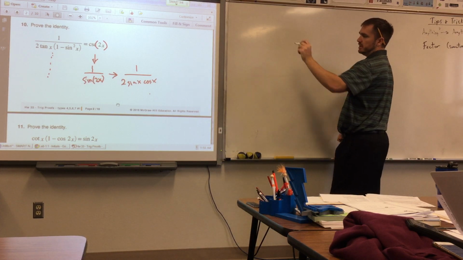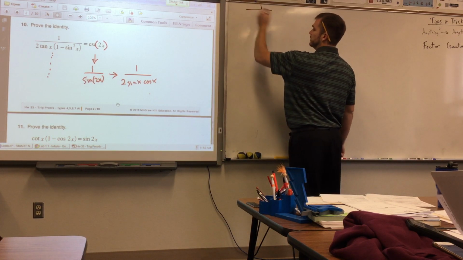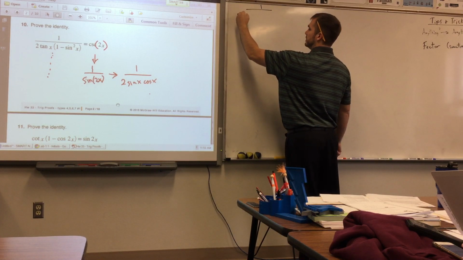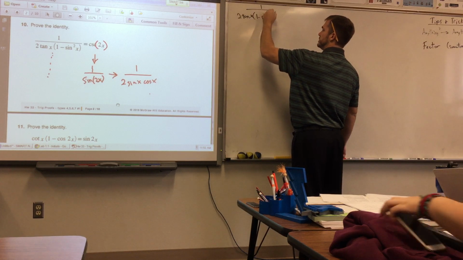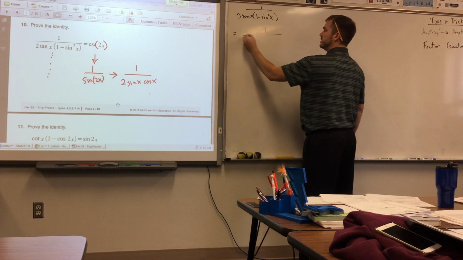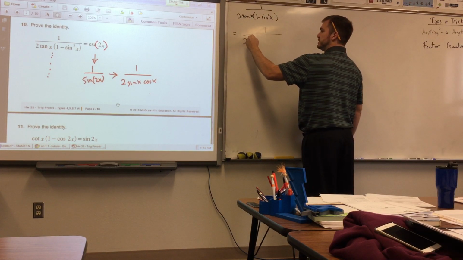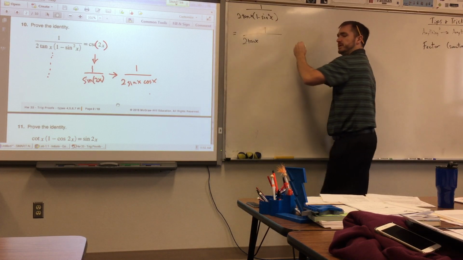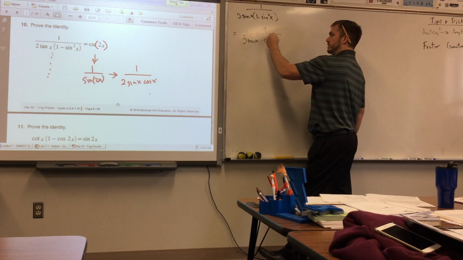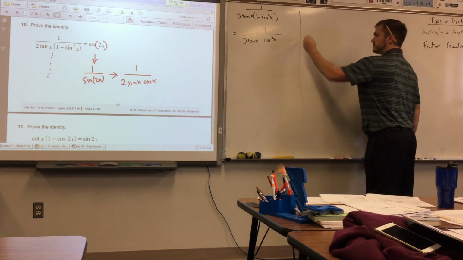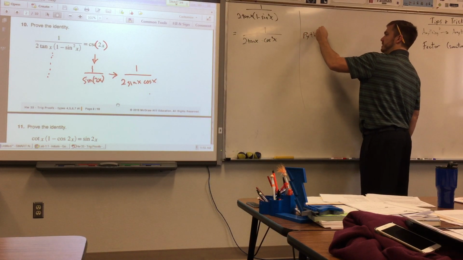So here we go. Let's start with the left-hand side. 1 over 2 tangent x times 1 minus sine squared x. Janie already suggested that we replace the 1 minus sine squared x with cosine squared x using the Pythagorean identity.